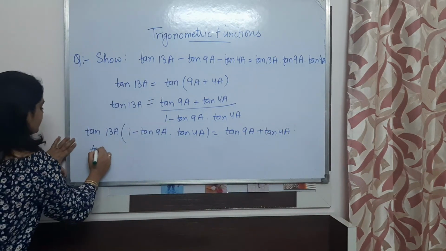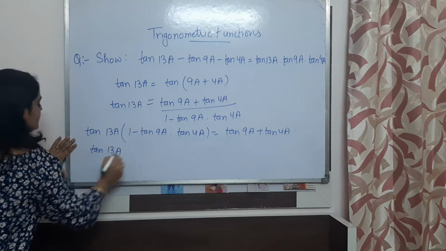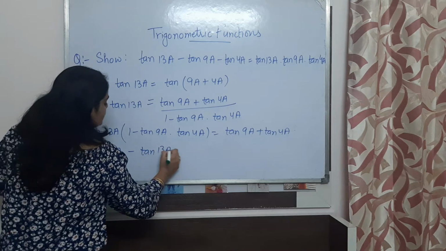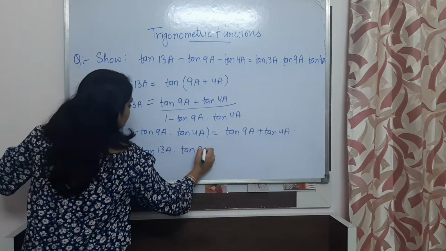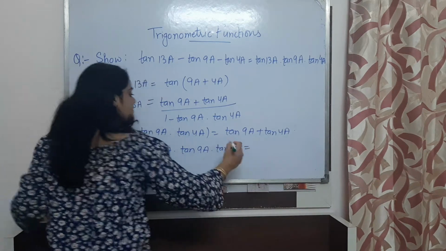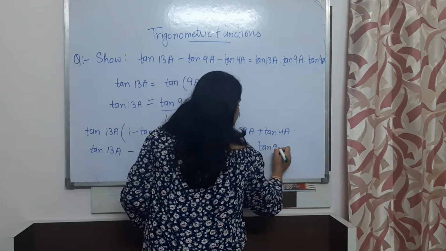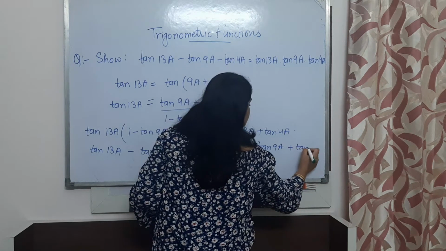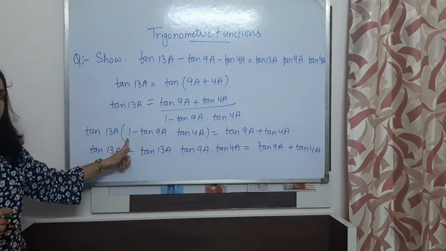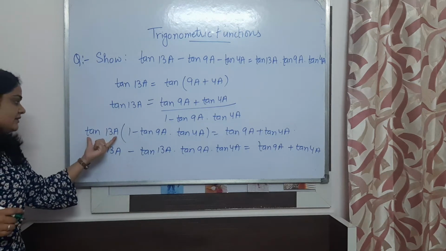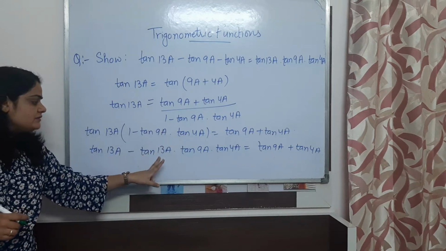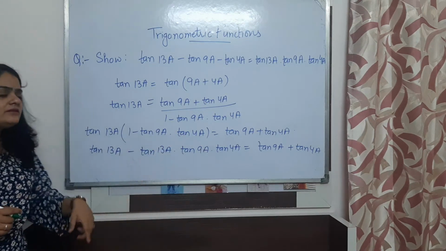Now I will multiply tan 13a inside the bracket. It becomes tan 13a minus tan 13a into tan 9a into tan 4a is equal to tan 9a plus tan 4a. Tan 13a multiplied with 1 becomes tan 13a, and when tan 13a multiplies with tan 9a into tan 4a, it becomes tan 13a tan 9a tan 4a.